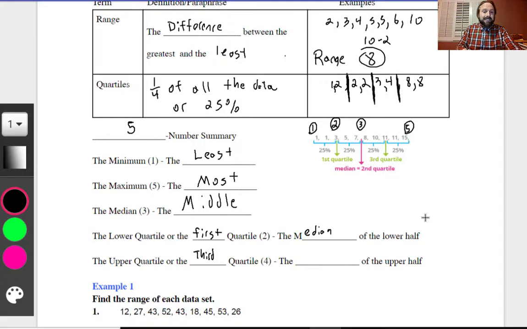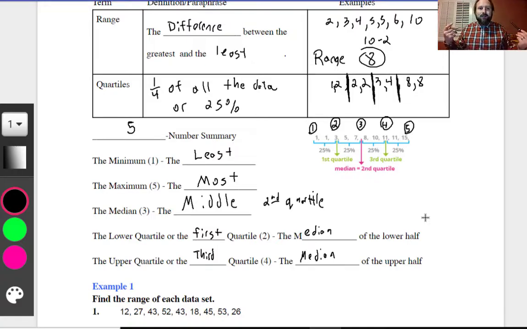Now, the median is the second quartile, but we don't really call it that because it's more known as the median. So the third quartile is right here, and this is the median of the upper half. So as you can tell, there's 5 points, and this is what we call the 5-number summary. Least, most, middle, lower middle, upper middle, done.